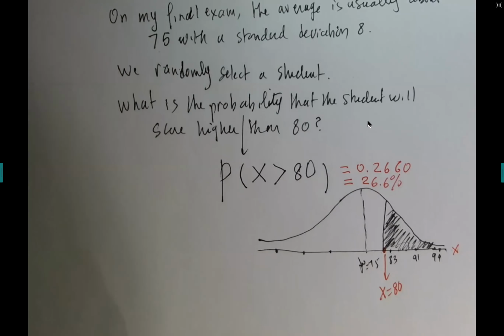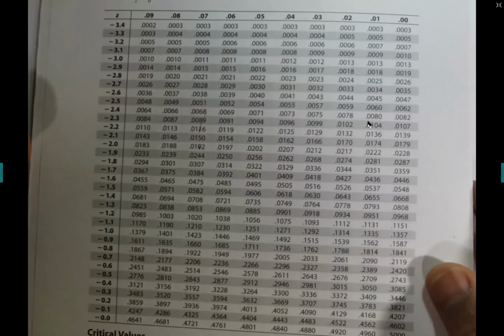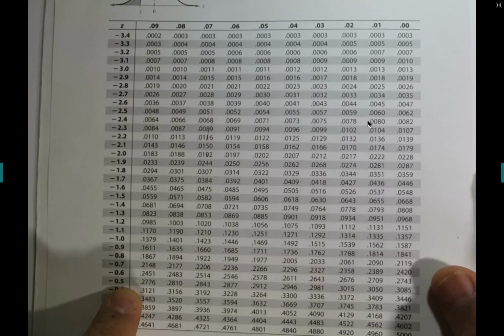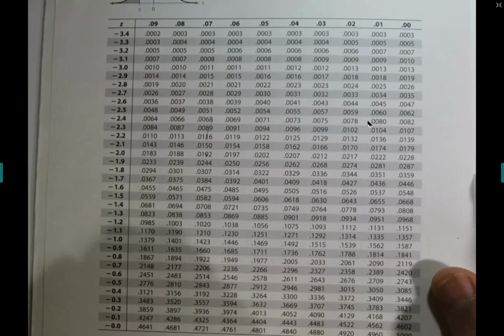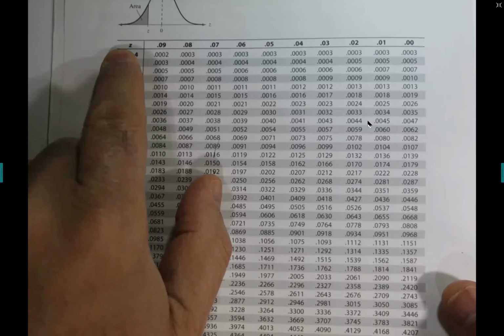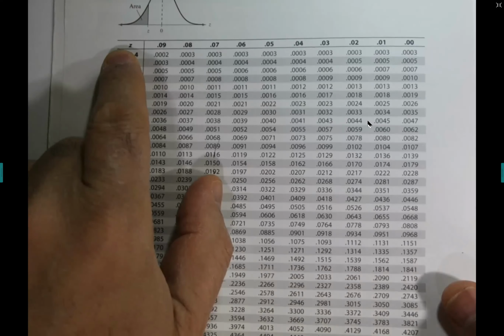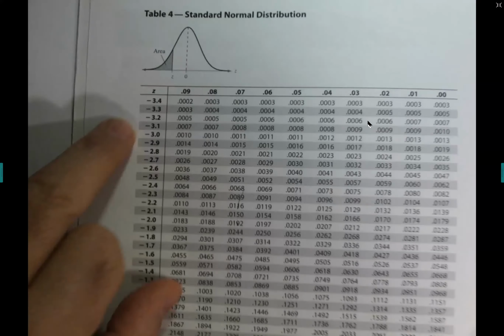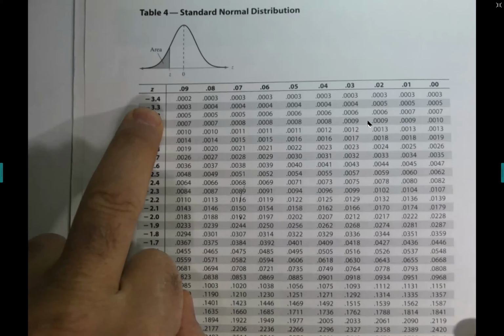Can you change it to a z-score? Very good, excellent. You couldn't just look up 80 in the table here. You're not going to find it because 80 is not a z-score. You have to change 80 to a z-score. Remember, this is a table of z-scores, so you need to change the value to a z-score. Look, the lowest that you can get with a z-score is negative 3.49.